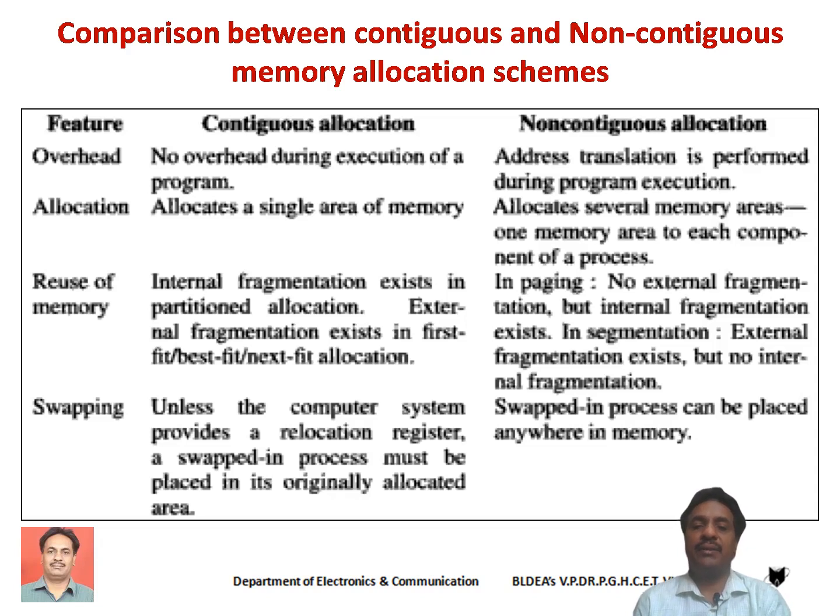But in non-contiguous allocation, the swapped in process can be stored in any part of the physical memory. When the process is swapped in, it can be stored anywhere in memory. Students, this is all about segmentation, paging, and the comparison between non-contiguous and contiguous memory allocation schemes.